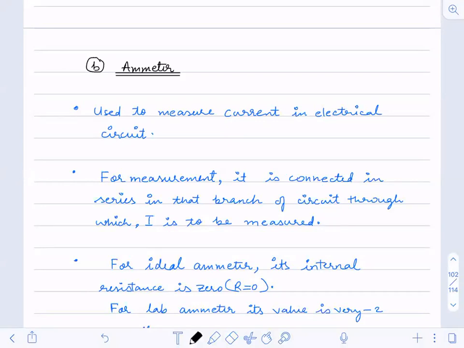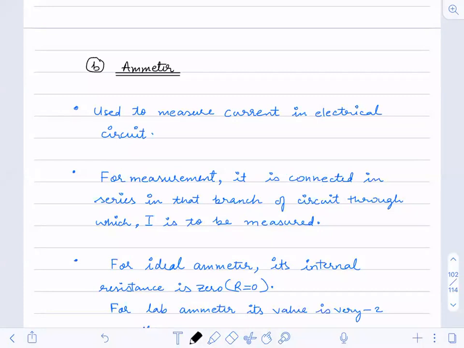It is the same thing we use for the galvanometer. The only difference is that the galvanometer is used to measure the deflection, or the very small amount of current, just the presence of current we try to take from the galvanometer. But ammeter is used to measure the current.